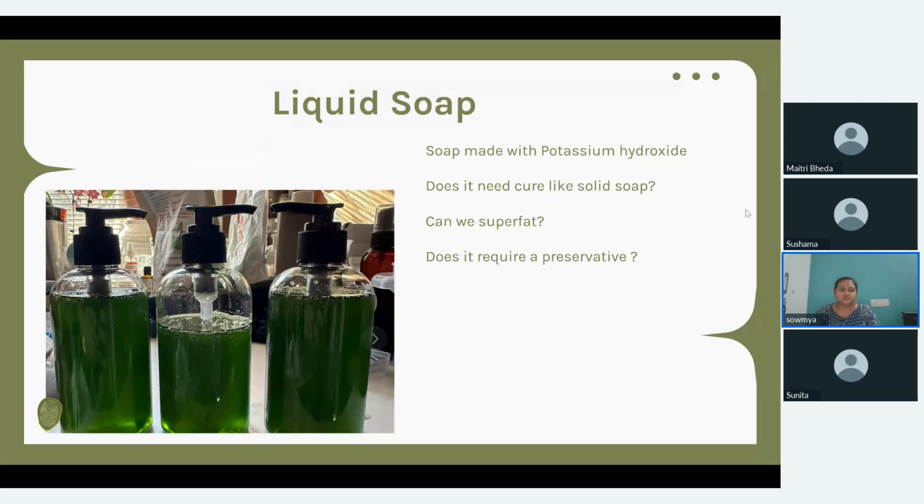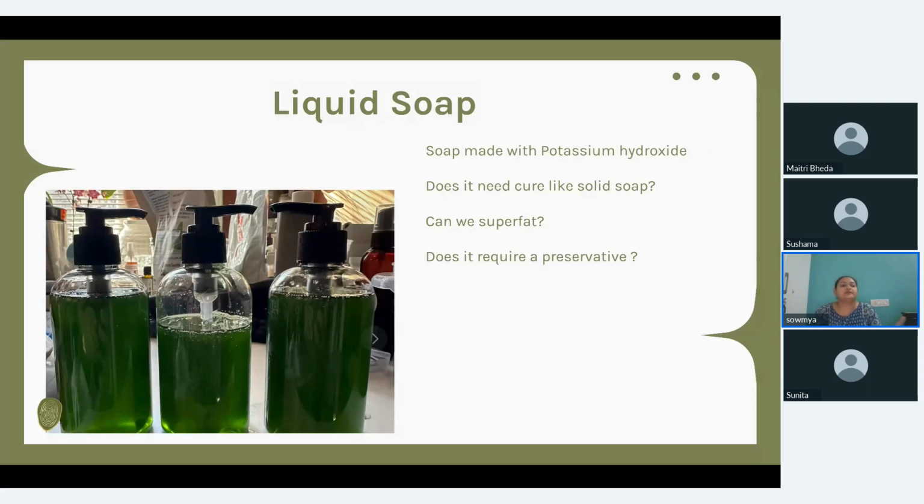Unlike CP and HP soaps, where we usually want to superfat our soap, in liquid soap we will try to avoid superfatting as much as possible. Why? Because we want whatever potassium hydroxide is there in our soap to fully utilize all the oils in the mixture that we have taken.